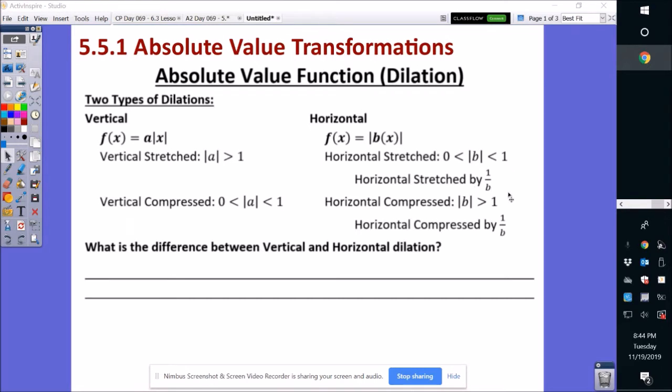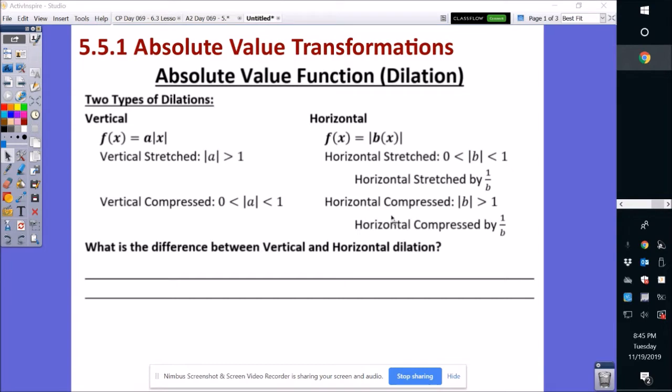So if it's a whole number, then you simply write it as a fraction, 1 over b. If it's a fraction already, then you would write the reciprocal of it. I will do an example of what I mean by reciprocal if your b value was already written as a fraction.